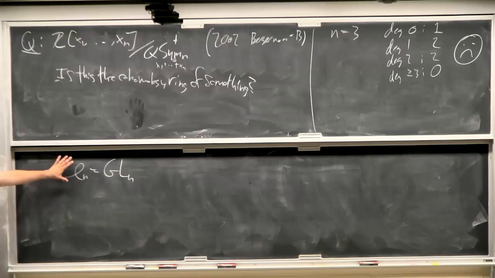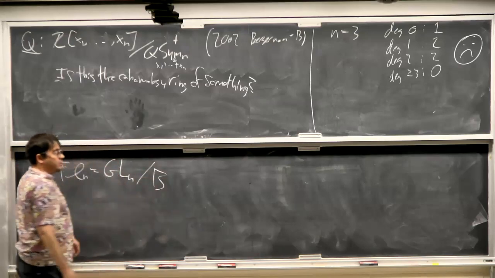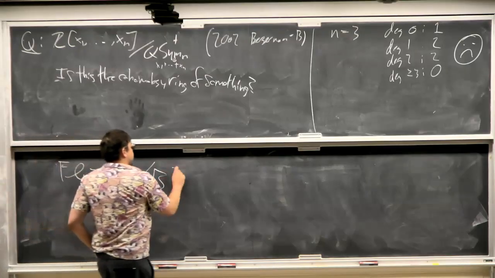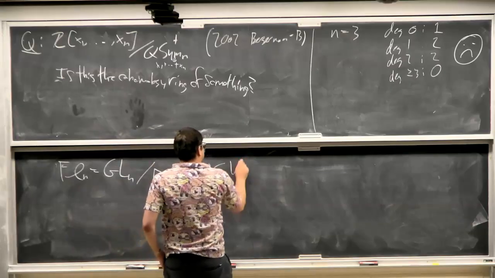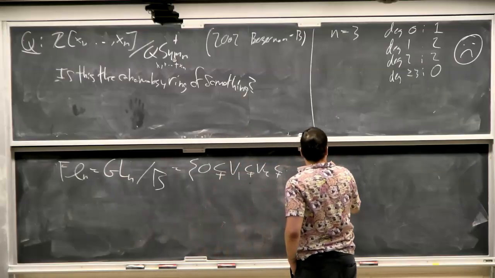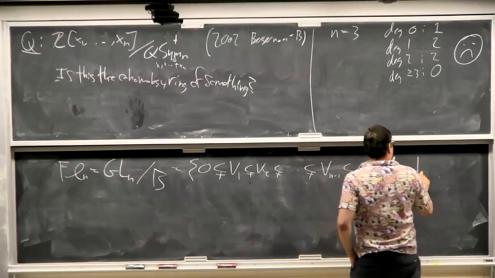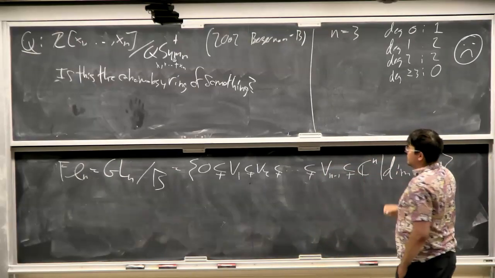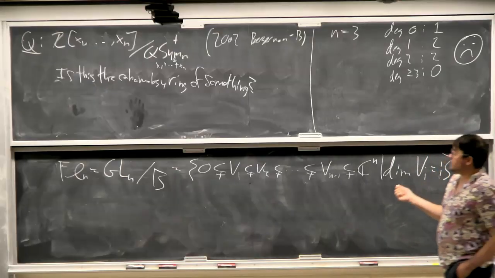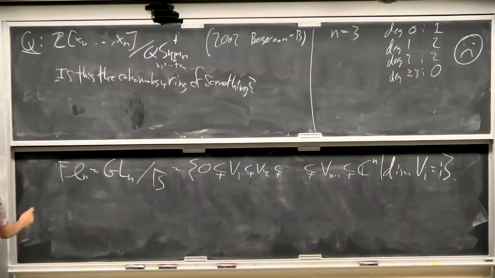Okay, so the flag variety, as has been said before, are the matrices modulo these upper triangular matrices that we've seen before. And this can be viewed as flags of subspaces, V1 through V_{n-1}, where the dimension of V_i is equal to i. Okay. So the flag variety has a very nice cohomology ring.